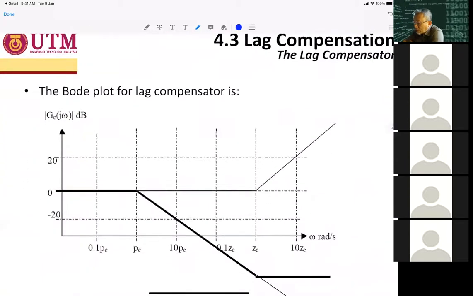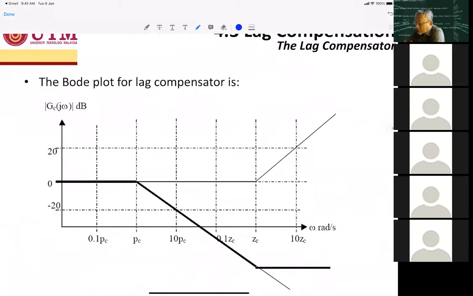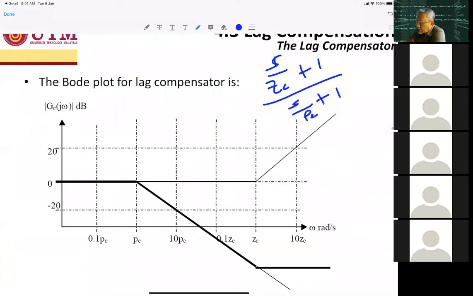So for the lag compensator, we have 1 over (s over Zc plus 1), divided by (s over Pc plus 1).